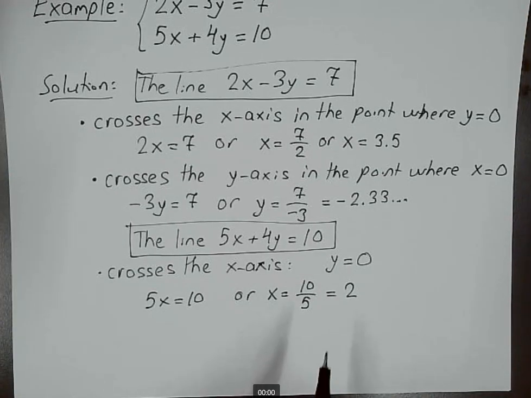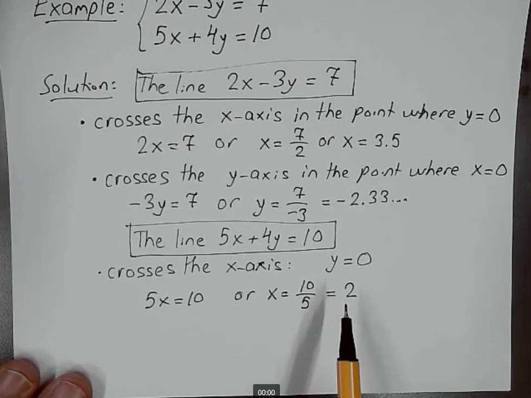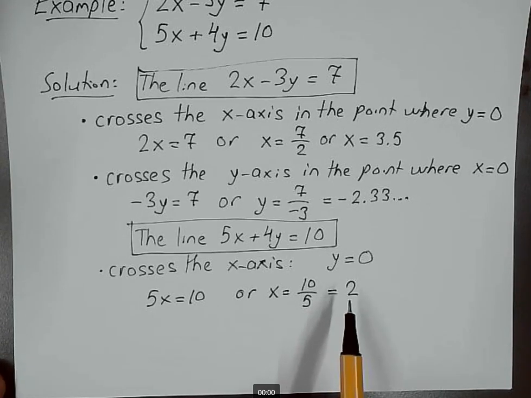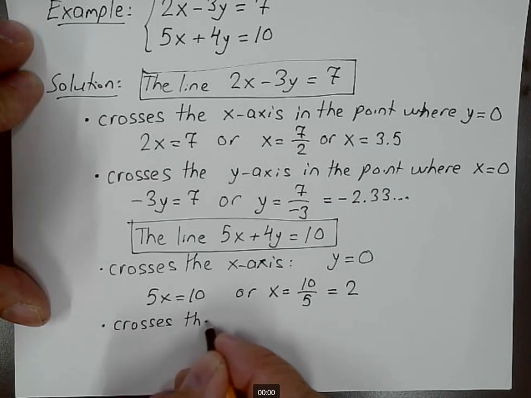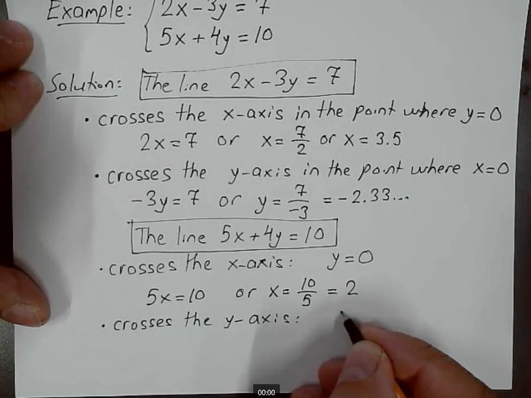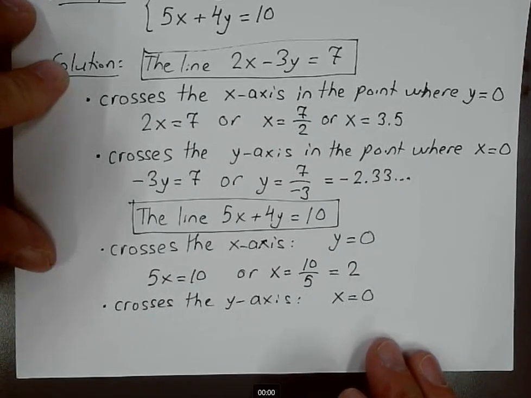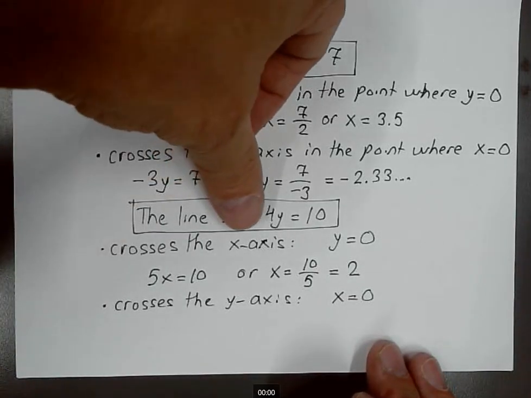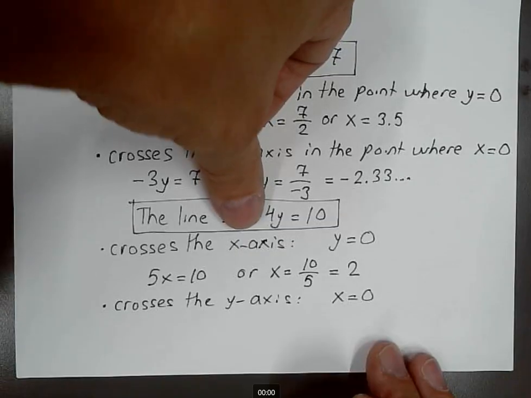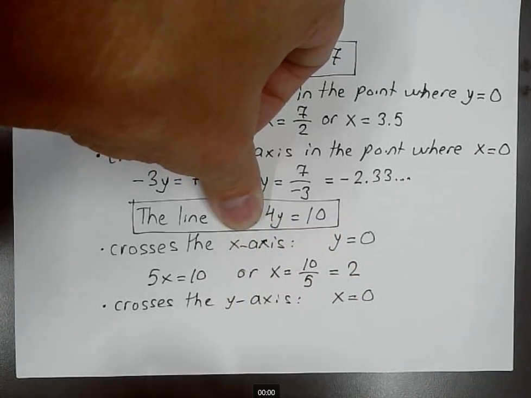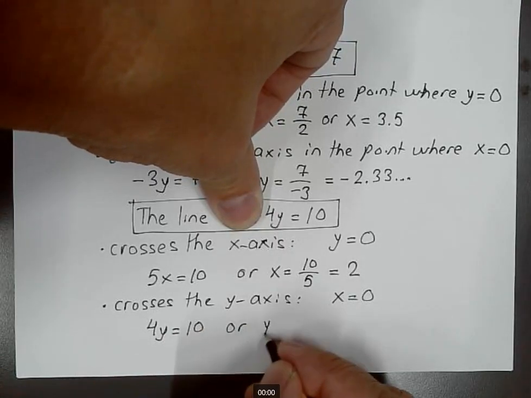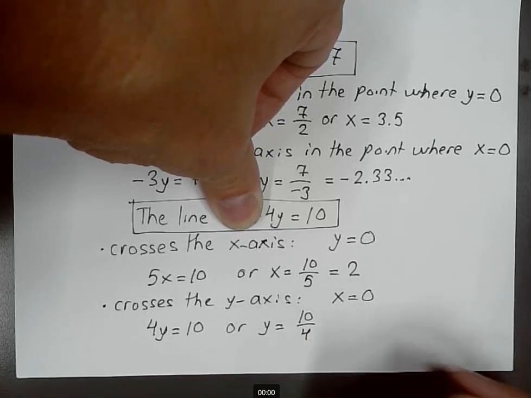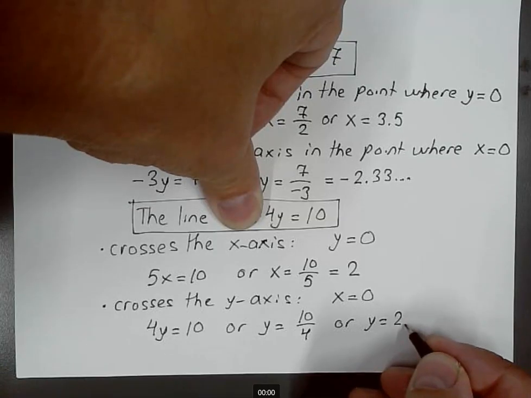This line crosses the x-axis in the place where the x-coordinate is 2, and it crosses the y-axis in the place where the x-coordinate is 0, and that leaves us an equation where we take away this x part, and that leaves only this simple equation, 4y equals 10. So y equals 10 divided by 4, or 2.5.